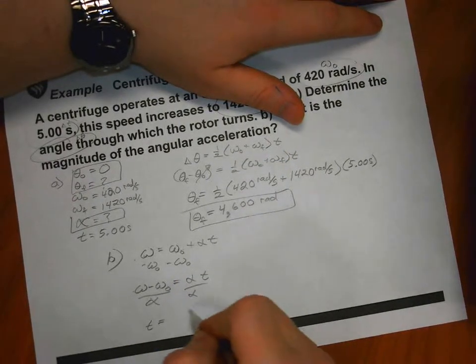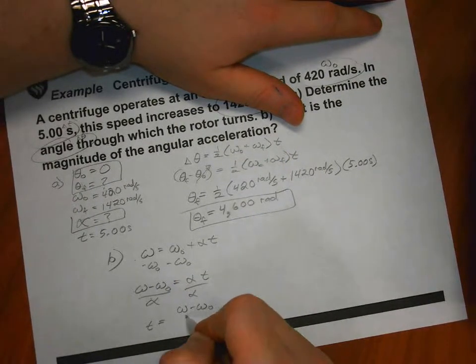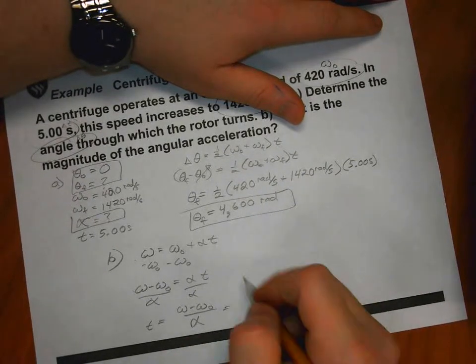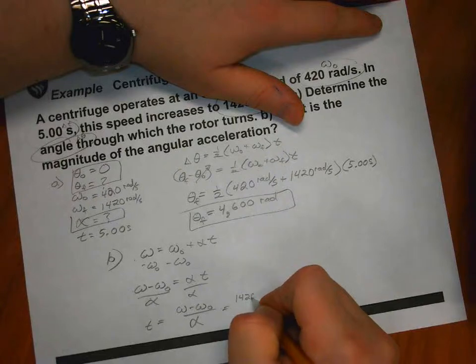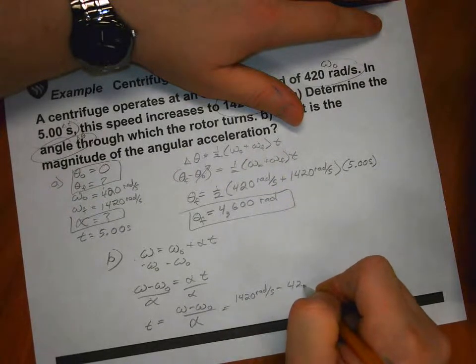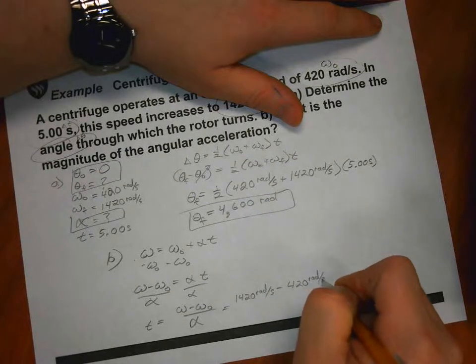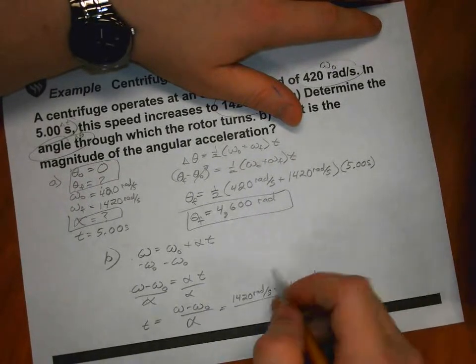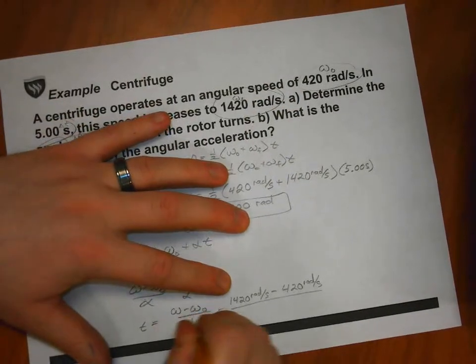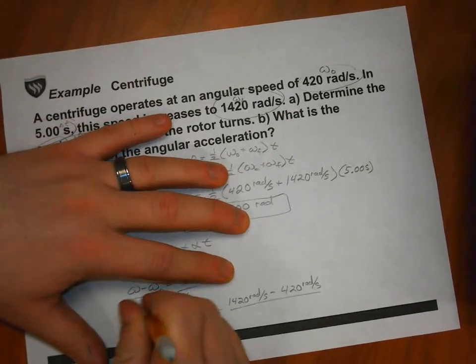So t then is just omega minus omega naught over alpha, which equals 1420 radians per second minus 420 radians per second, all over, oh, excuse me, solve for the wrong thing here.